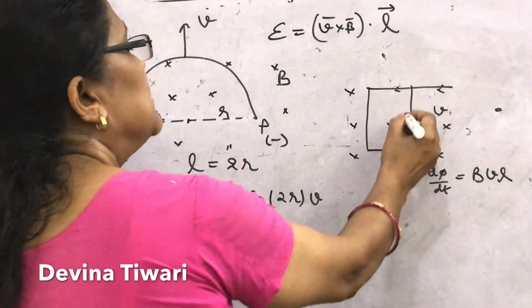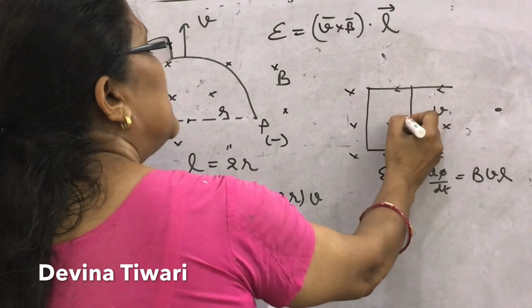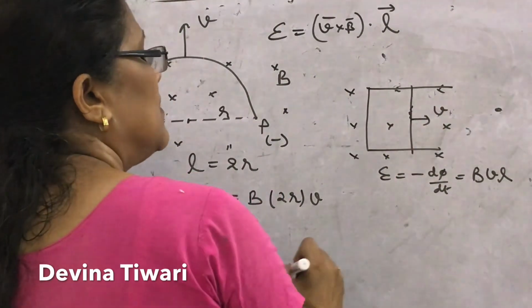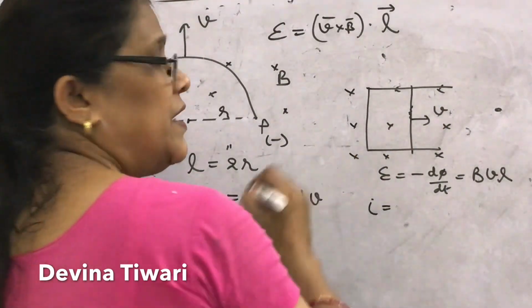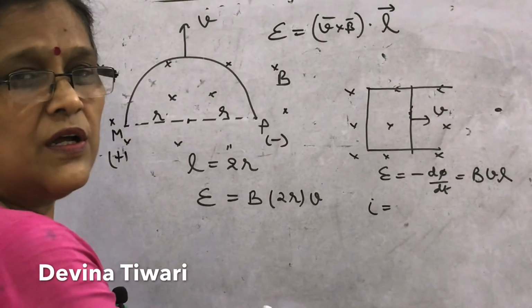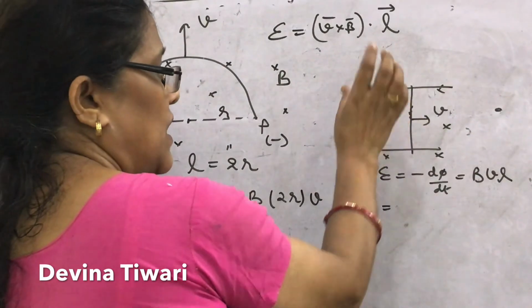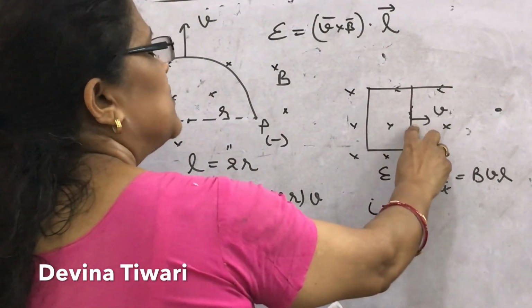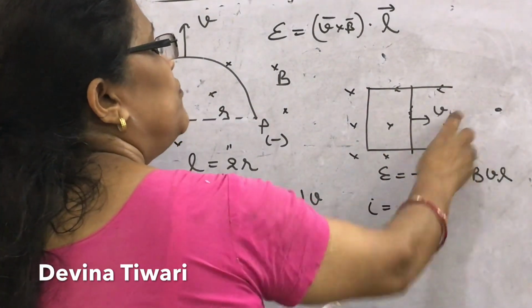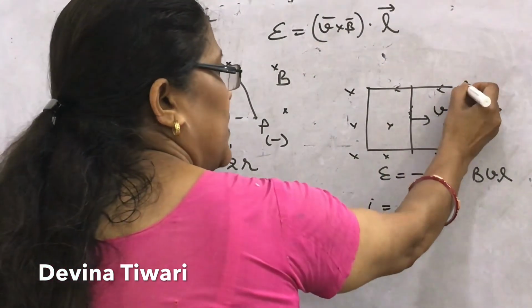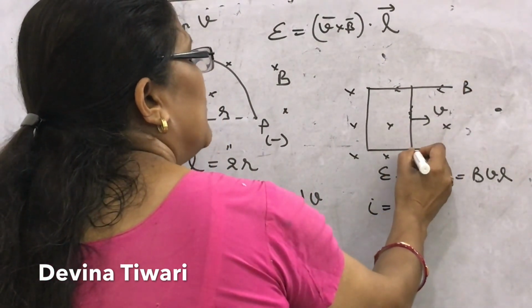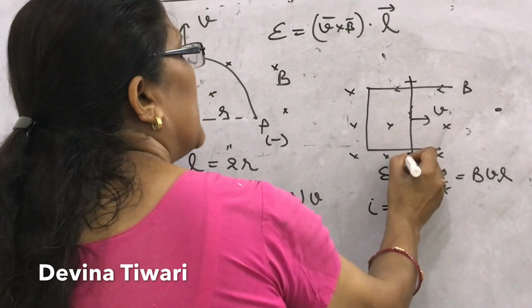So look here, suppose this rod has the resistance R, then what will be the current induced in the rod? How can you find the direction of induced current? As I told you, this rod is moving with V in the uniform magnetic field B. So this end will become negative and this end will become positive.